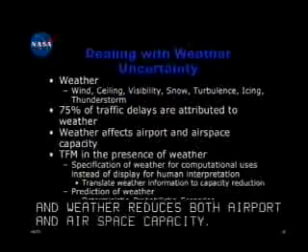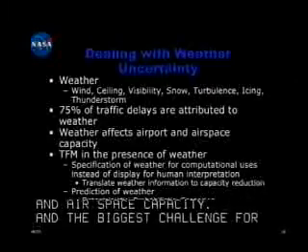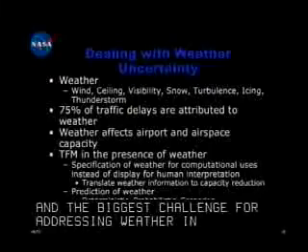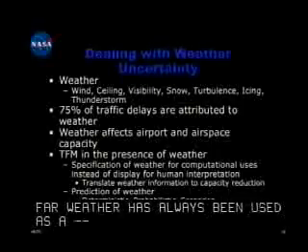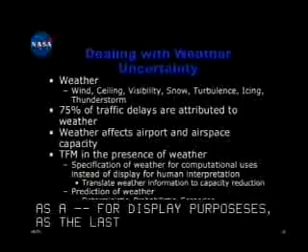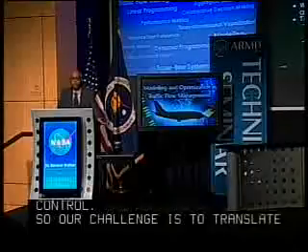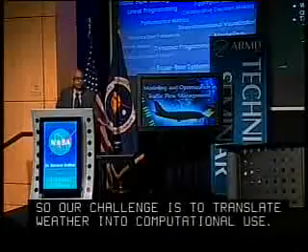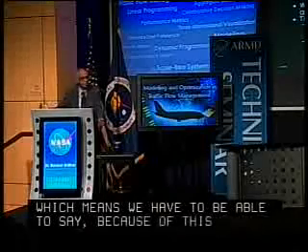And the biggest challenge for addressing weather in TFM, so far weather has always been used for display purposes as well as interpretation by the human person doing the control. So our challenge is to translate weather into computational use, which means we have to be able to say, because of this weather, the airspace capacity is going to go down by this amount.